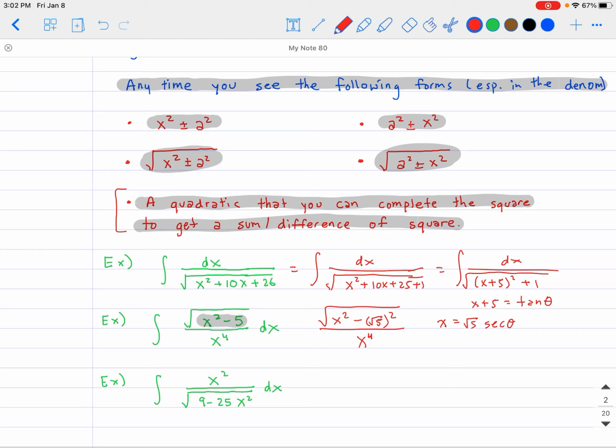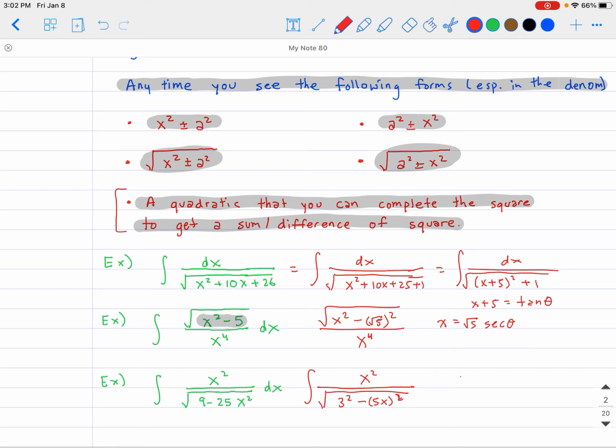So we're going to go ahead and try to make a substitution. In this case, I'm probably going to take the whole bottom part right here and maybe rewrite it so you can see what the substitution is going to be. So we have 3 squared minus 5x quantity squared, okay?